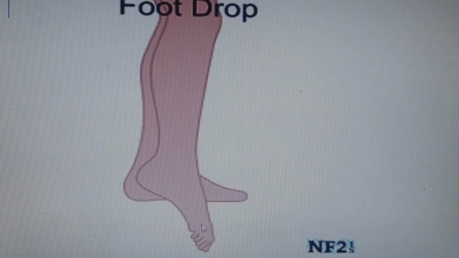Now we said that the muscles in the anterior compartment of the leg are dorsiflexors, or extensors. So they are going to help raise your toes or your foot upwards.